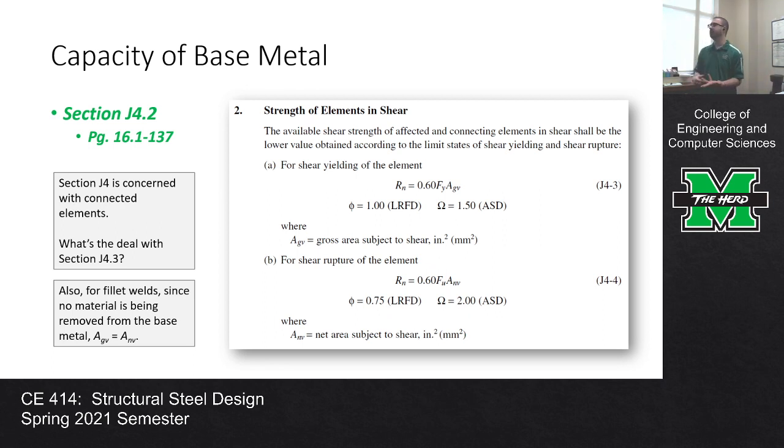We've seen that before. So we're in section J4.2, which is just looking at strength of elements that are subjected to shear. And it's either 0.6 FY AGV or 0.6 FU ANV, depending on whether you're looking at shear yielding or shear rupture. And the nice thing about fillet welds is you're not removing any material from the base metal. So the gross area equals the net area. So it's actually pretty easy.